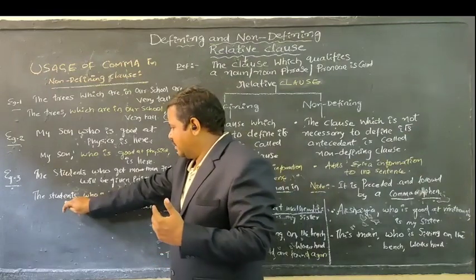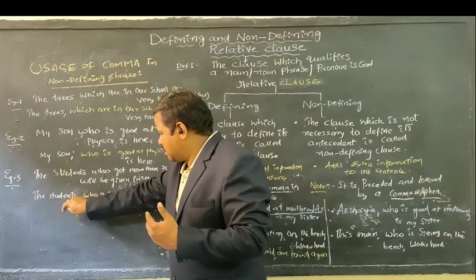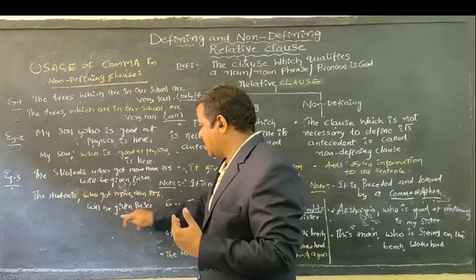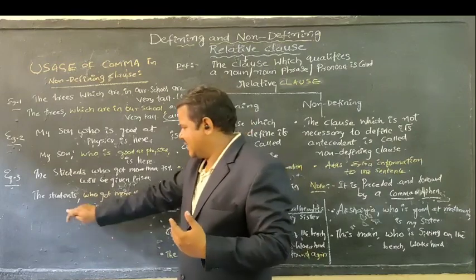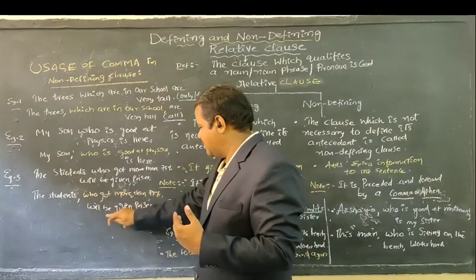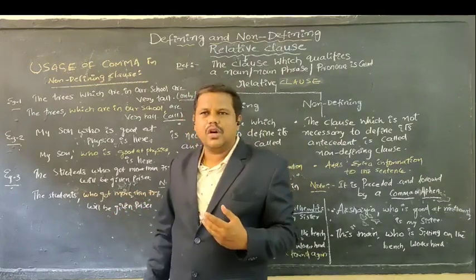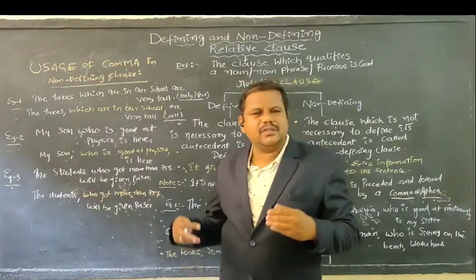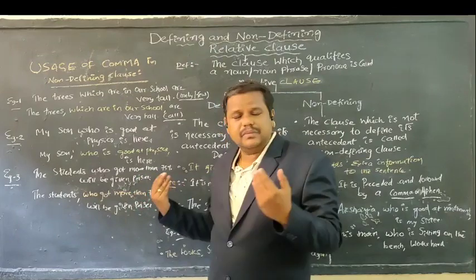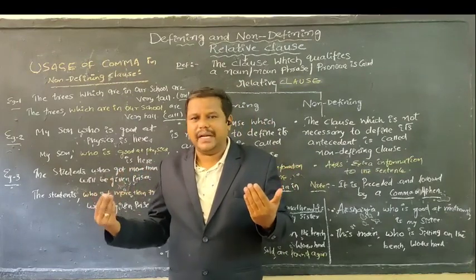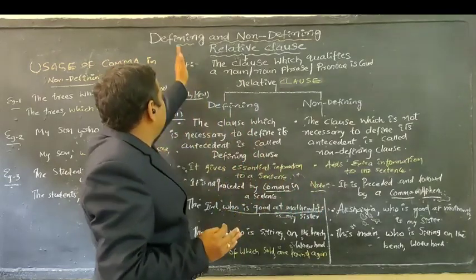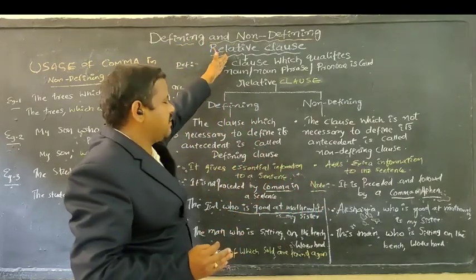In the second example, non-defining relative clause: the students, comma, who got more than 75%, comma, will be given prizes. In this case, all the students are going to get 75% and will be awarded the prizes. So you can clearly understand the difference between defining and non-defining relative clause.